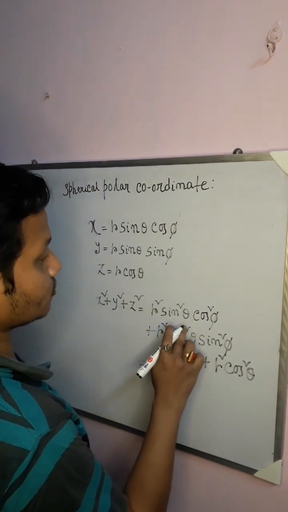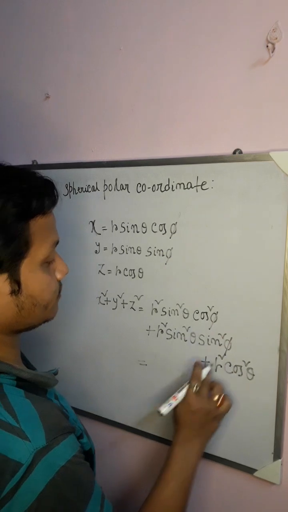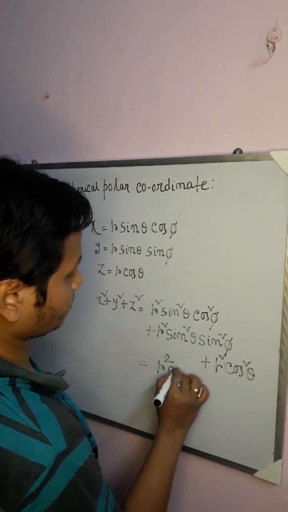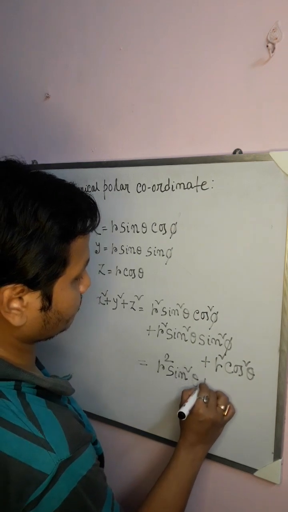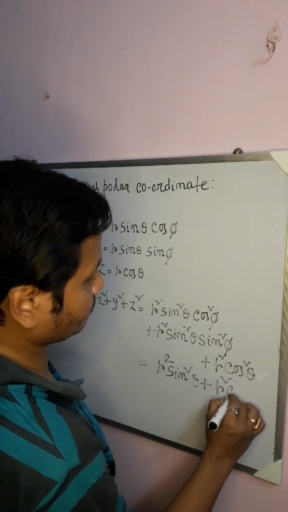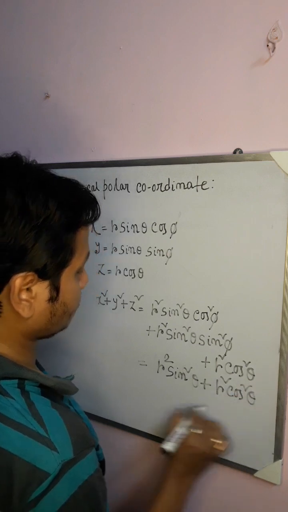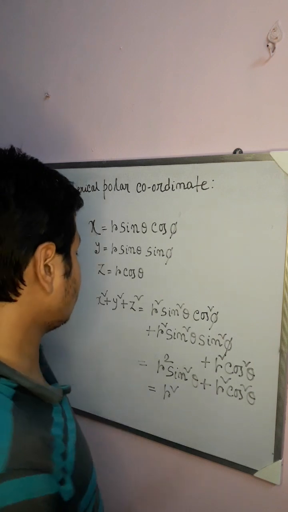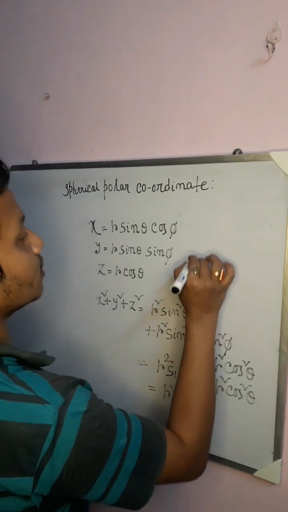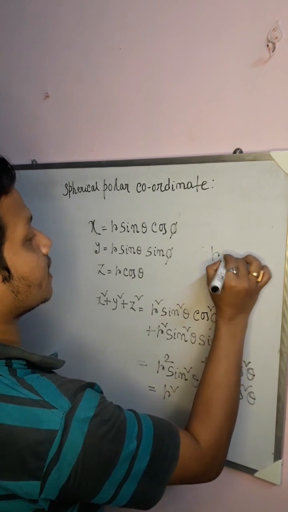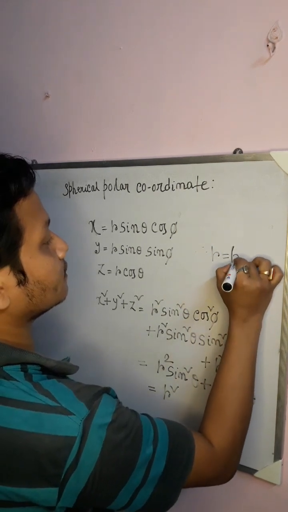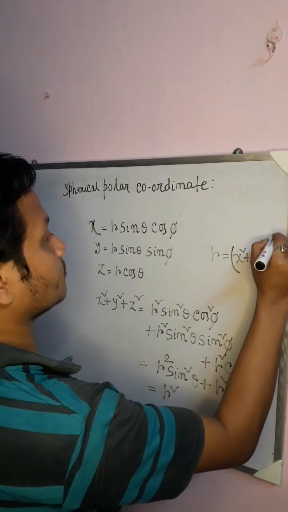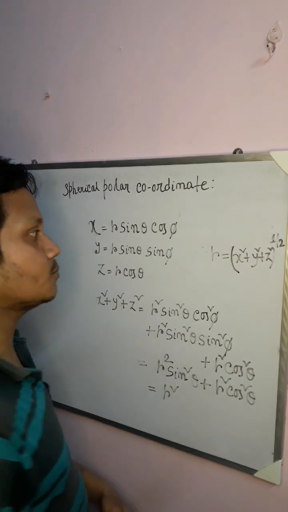If we take r square sin square theta common, cos square phi plus sin square phi is 1. So this is r square sin square theta plus r square cos square theta, which is simply r square. So in spherical polar coordinates, r is x square plus y square plus z square to the power half. So we have found the position vector.